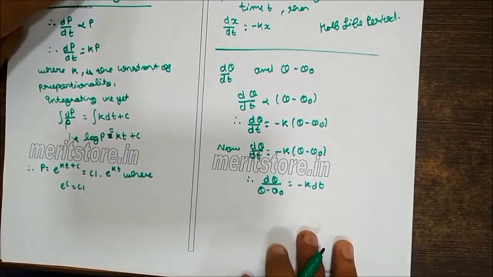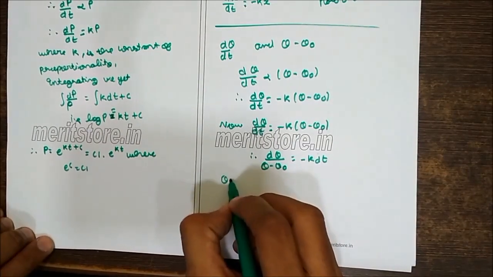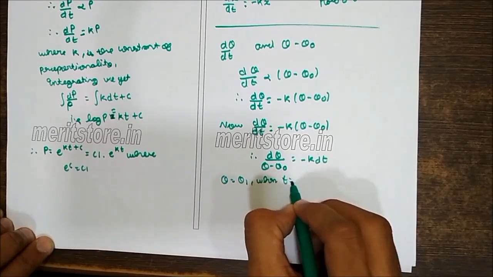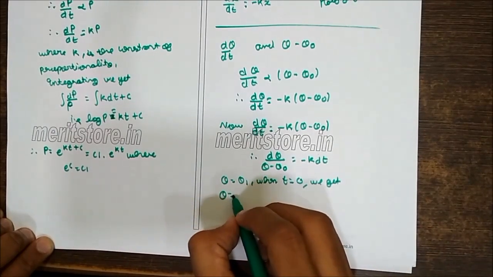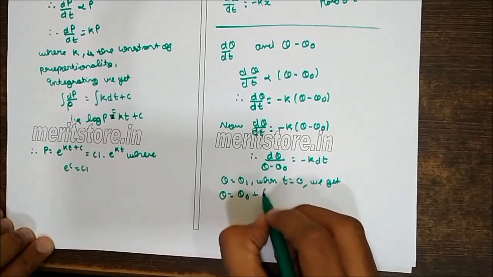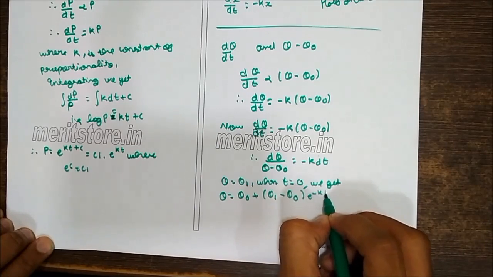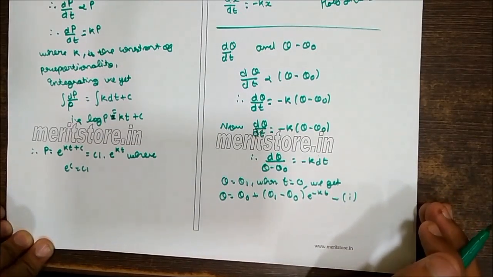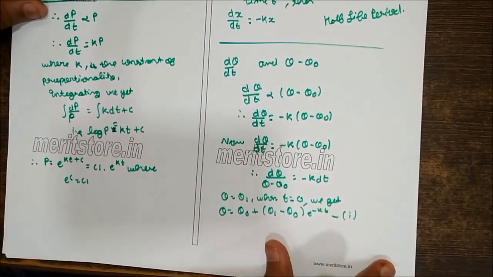Integrating and using the initial condition theta is equal to theta 1 when t is equal to 0, we get theta is equal to theta 0 plus (theta 1 minus theta 0) e raised to minus kt. Thus, equation 1 gives the temperature of a body at any time t. Now we'll take some examples to understand the following concepts.